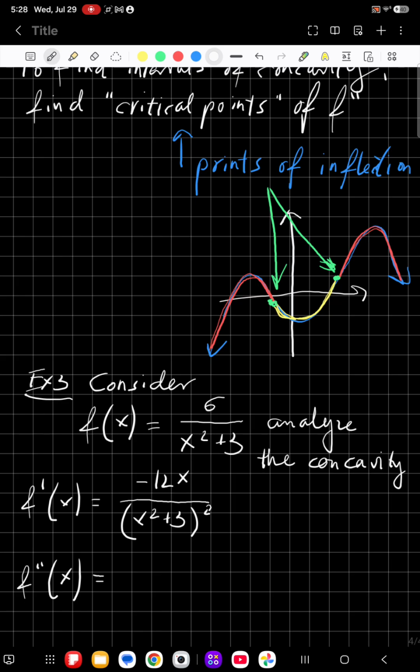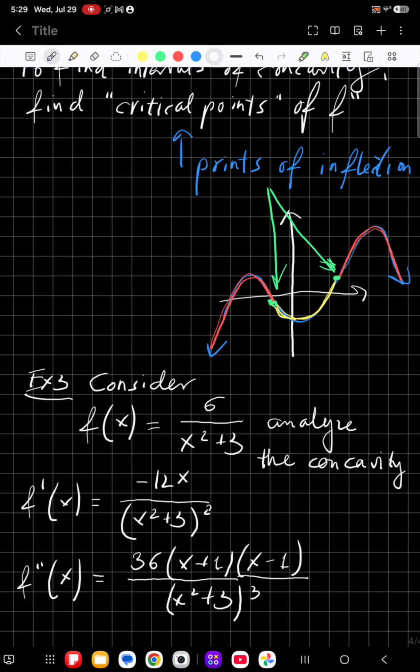What I have, after it's been simplified, is 36 times x plus 1, x minus 1, which is the factored form of whatever was in the top, over x squared plus 3 to the third power.